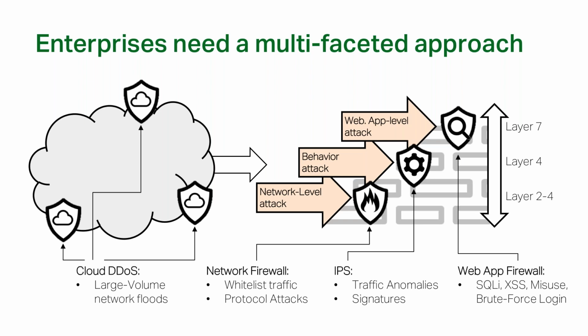At the very lowest level, you would protect yourself from protocol level attacks, things like SYN floods, by using a network firewall. A network firewall typically operates at layer 2 to 3 in the OSI network stack and is configured with a whitelist of traffic that it will permit.